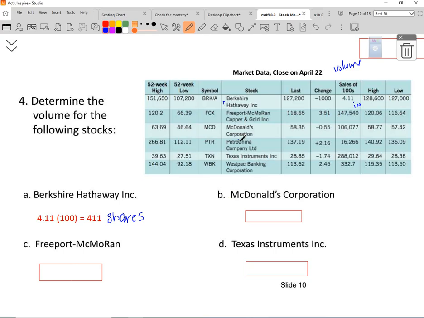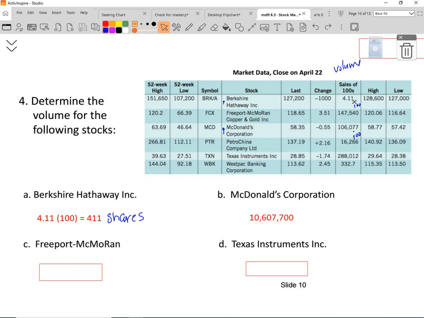B, McDonald's Corporation. How many shares did they trade on April 22nd? So it's this times 100. Just add 2 zeros to it. You couldn't add 2 zeros up here, but you can move the decimal point 2 places to the right, right?